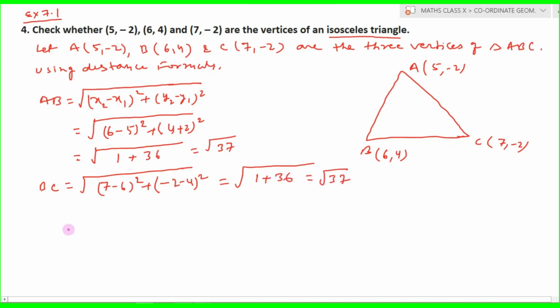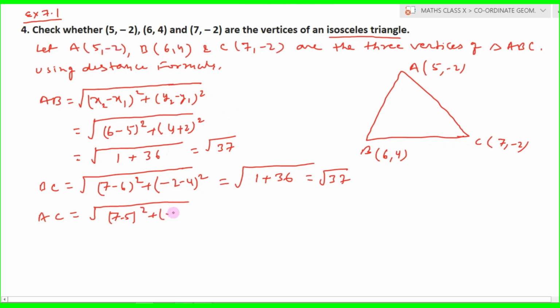Now the third one is left, AC. To find the value of AC, for A and C, this is A and this is C. So this is x1 y1 and here we got x2 y2. So x2 minus x1 we will get 7 minus 5, plus y2, so y2 is minus 2 minus minus 2.